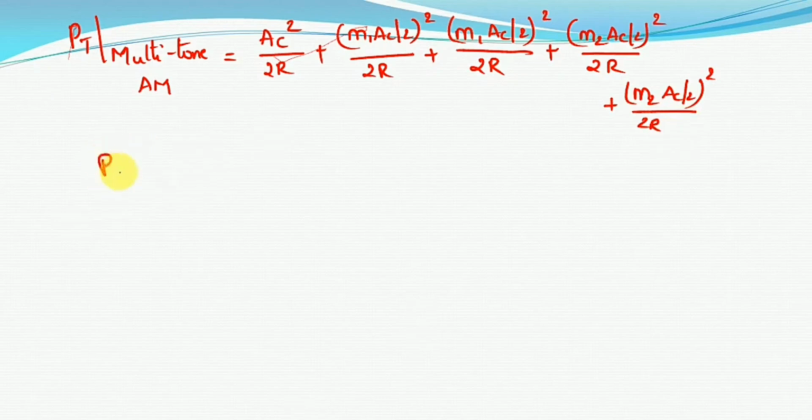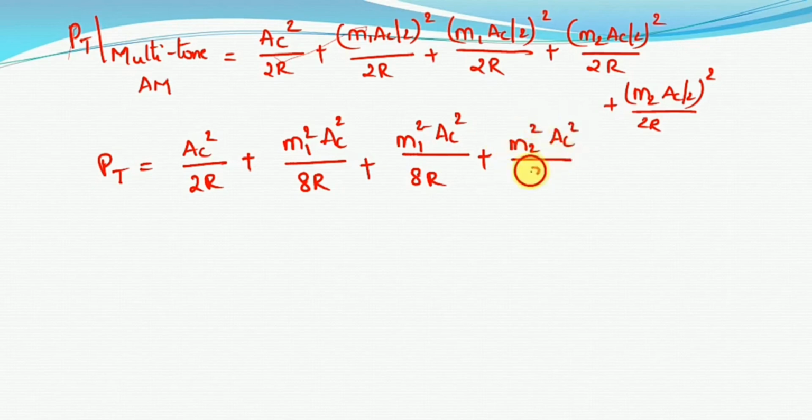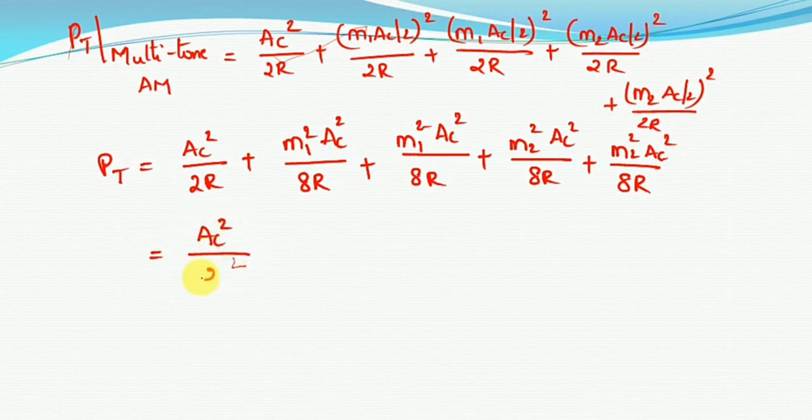So finally I can write PT as AC square by 2R plus m1 square AC square by 2 square is 4, 4 2s are 8, so it is 8R, plus m1 square AC square by 8R plus m2 square AC square by 8R plus m2 square AC square by 8R. Now do the simplification and take the common AC square by 2R.